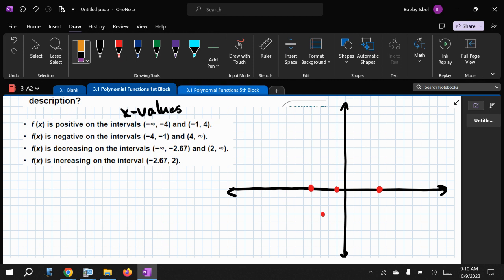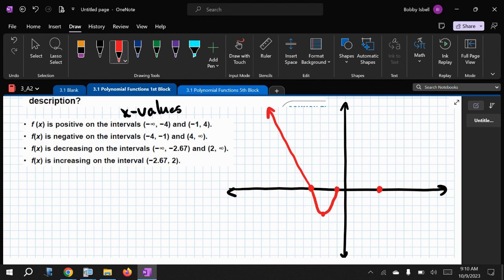And then it says, okay, it's negative from negative 4 to negative 1. So I know the graph is doing this sort of thing. And I know it's decreasing from negative infinity down here. Then it's positive from negative 1 to 4.